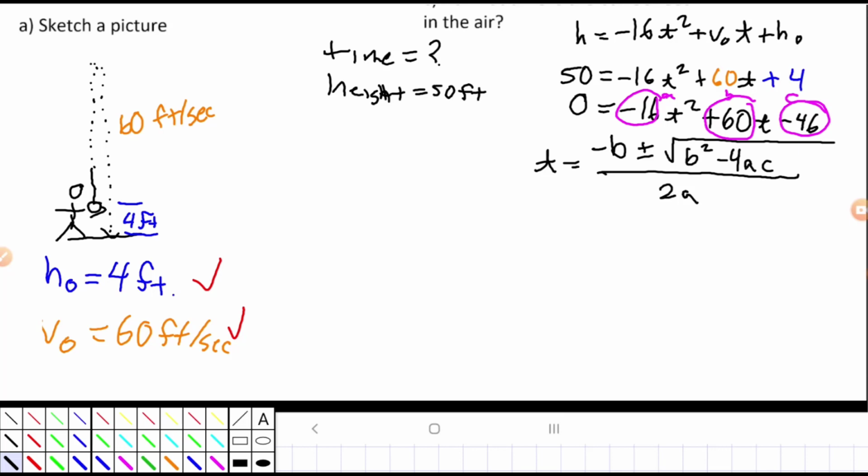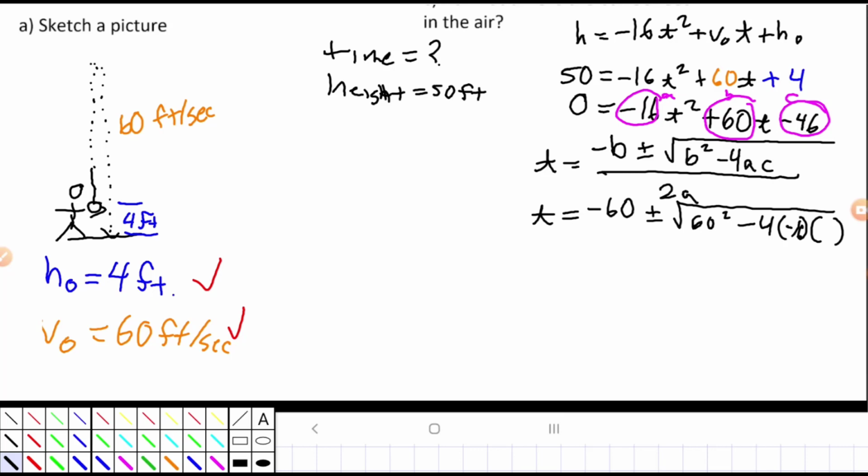So we're going to use those values, substitute in there, and then we're going to let the calculator do the work for us. All right, so t is equal to the opposite of B. The opposite of positive 60 is just going to be negative 60, plus or minus the square root. So that's 60 squared. Subtract 4 times A times C. And A in this problem is negative 16.